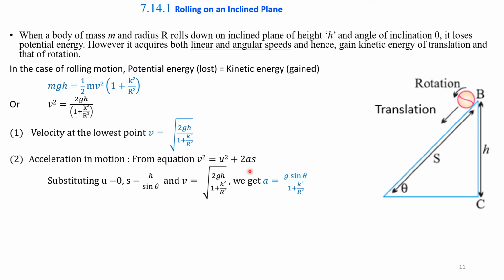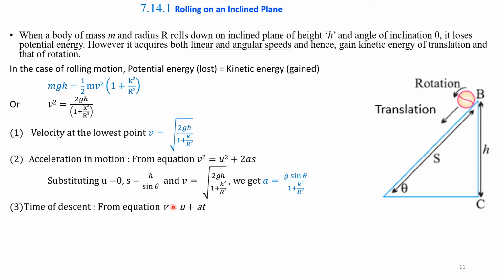Therefore, a is obtained by substituting u = 0 because the body is at rest initially, and s = h divided by sin theta, from the geometry of this triangle, and v = square root of 2gh divided by (1 + k²/R²). Therefore, we get the value of a as a = g sin theta divided by (1 + k²/R²).